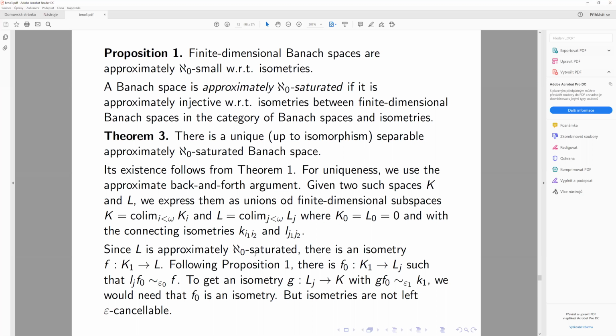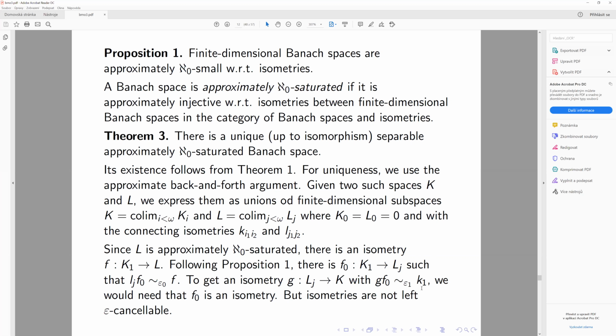Sorry, when I was explaining to you I made a mistake, because I should speak not about G but about F0. This is the factorization we get. I need this to be an isometry because then I would like to use this injectivity, because I have from K1 to K, so I would like to get it from Lj to K. Maybe I should put it more explicitly in a tag here, but I go from K1 to L by injectivity.